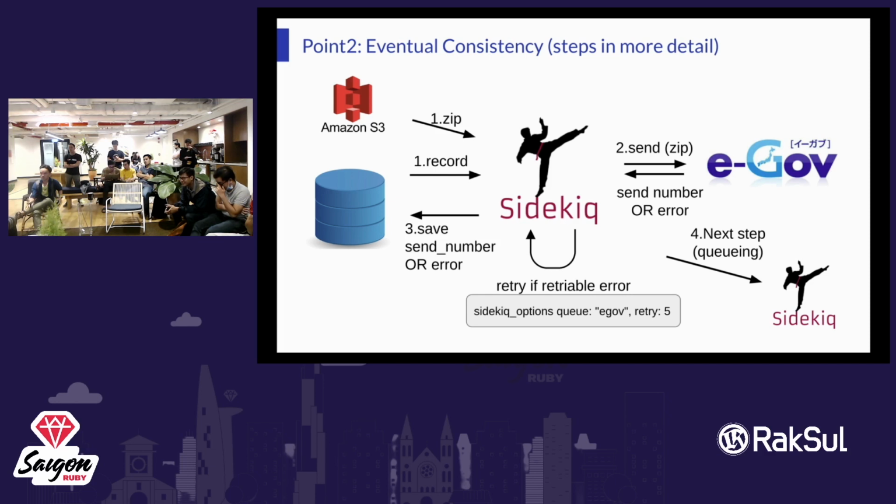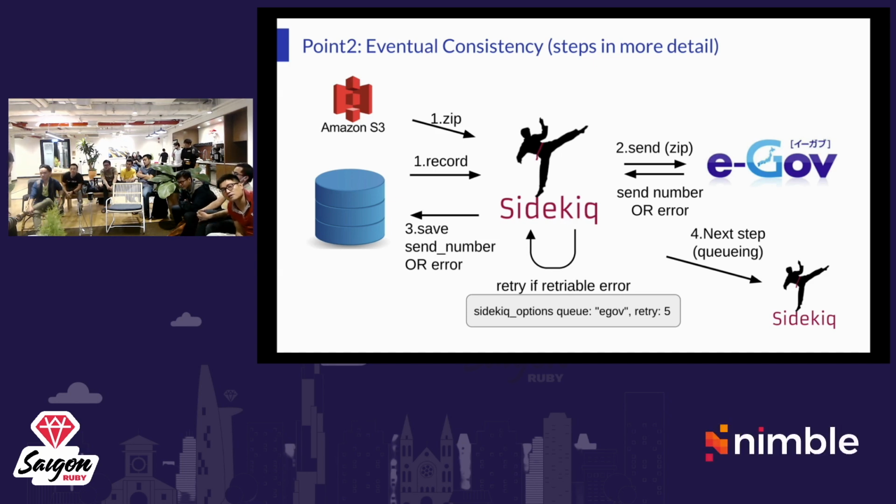When the job fails, we cannot connect to the database, so we cannot save the error or the sending number to the database.